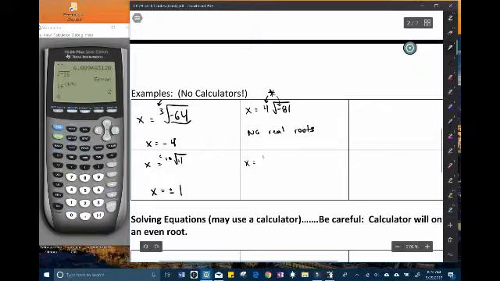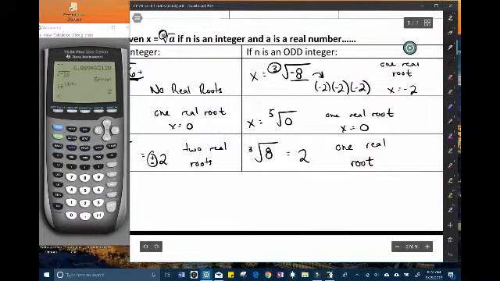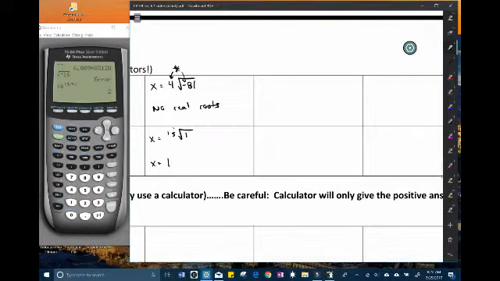x is equal to the 15th root of 1. Odd index, and a number greater than 0, we would have just x equals 1, using this trick up here. And then let's go from there.